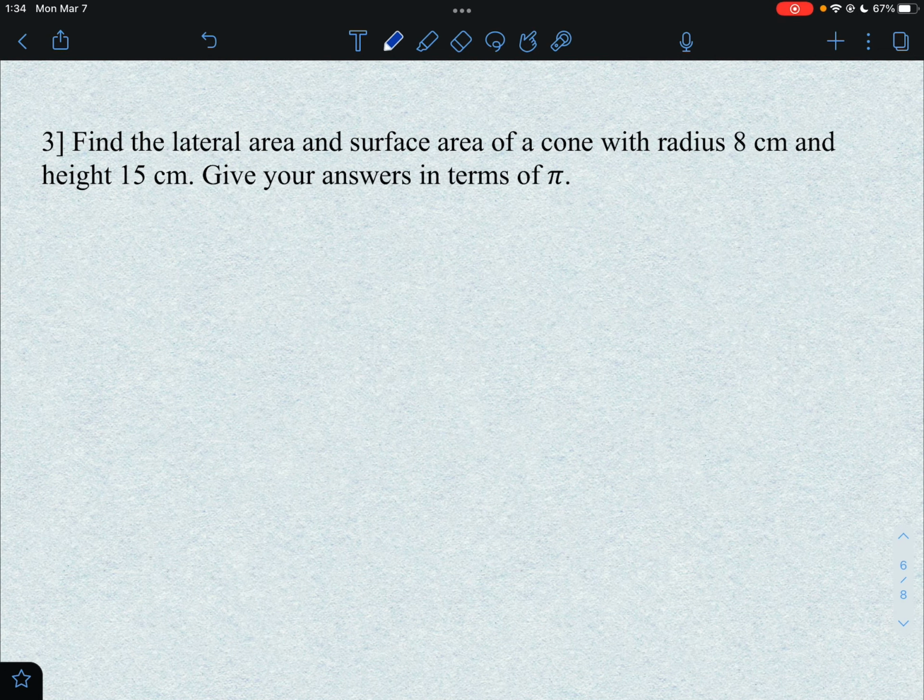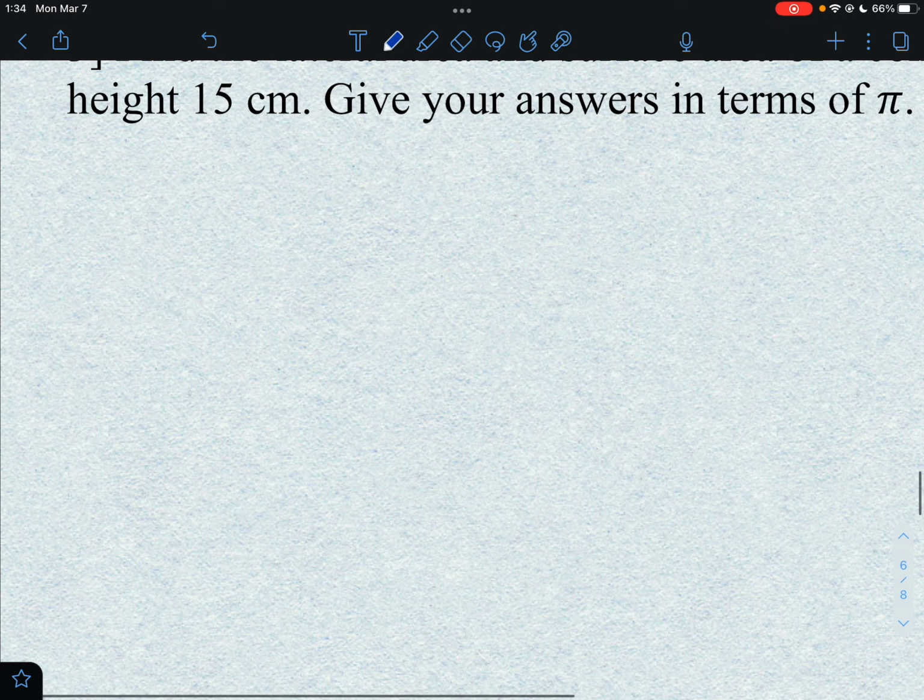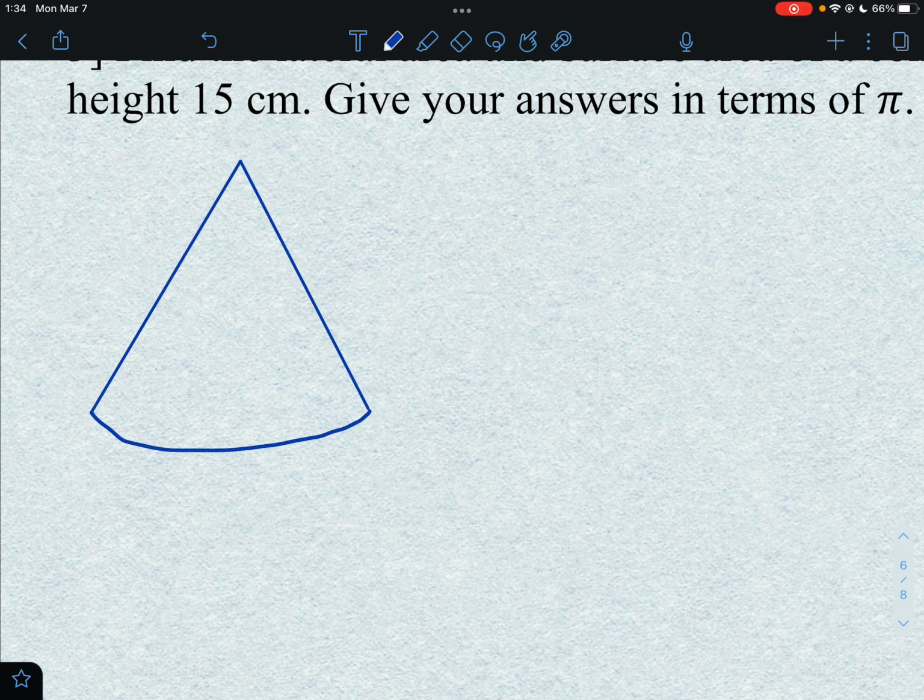Number 3, find the lateral and total of a cone with radius 8 and height 15. All right, so here's the first time that we're going to have to do a little bit of extra work. Let's start by drawing a quick cone here. The radius is 8 and the height is 15.